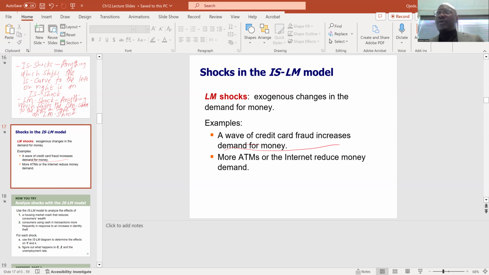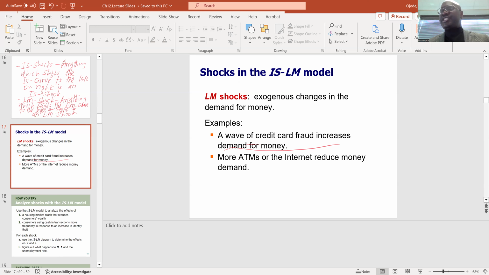So credit card fraud, for example, I remember like 6 years ago, Target reported that millions of Americans had their identity compromised at Target. But let's say this becomes a serious problem, that people are hacking our credit cards and our debit cards. That means most Americans will fear shopping using debit cards and credit cards because they fear their identity being compromised. So most Americans would demand more cash.